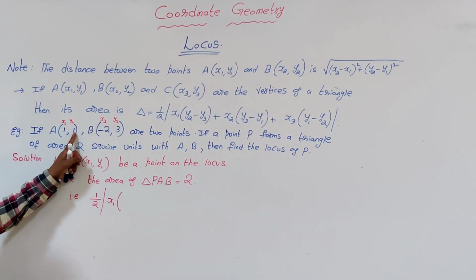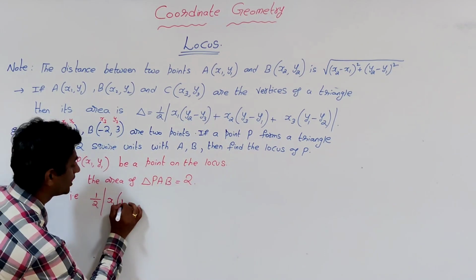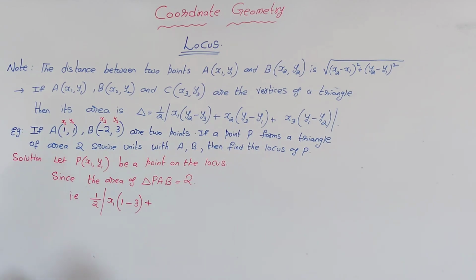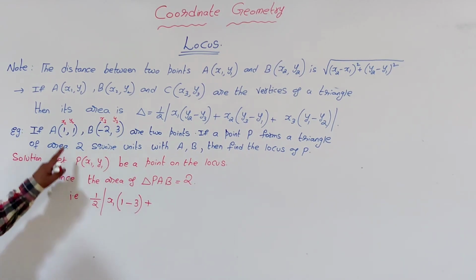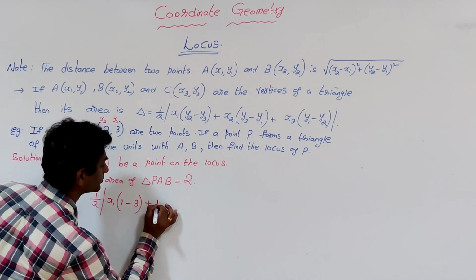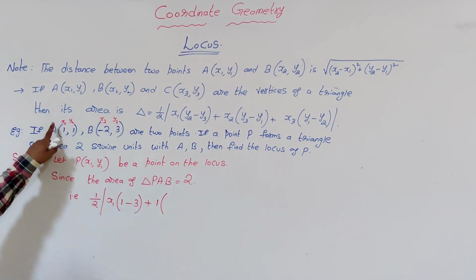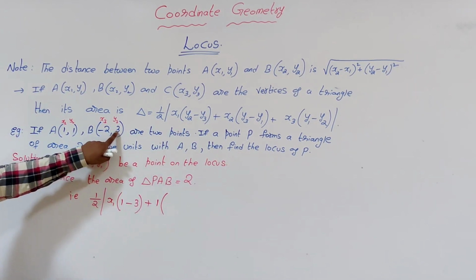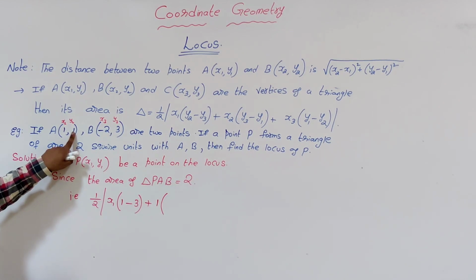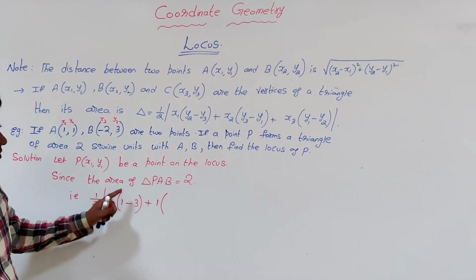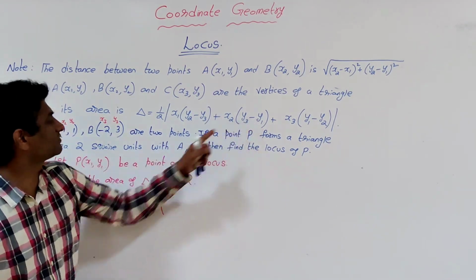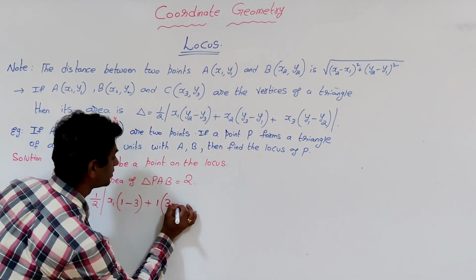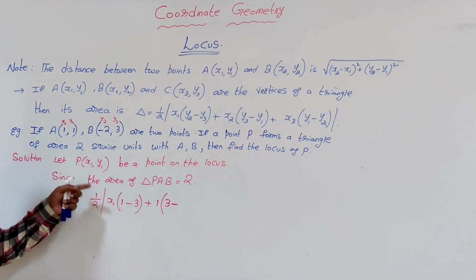Here y2 is 1, y3 is 3, so 1 minus 3, plus x2, which is 1, times (y3 minus y1). y3 is 3, minus y1, which is as it is, y1.